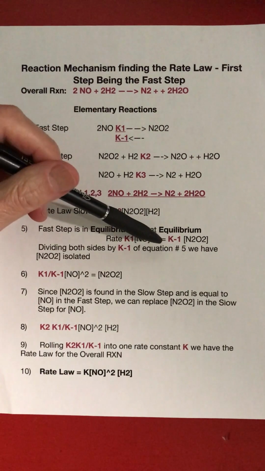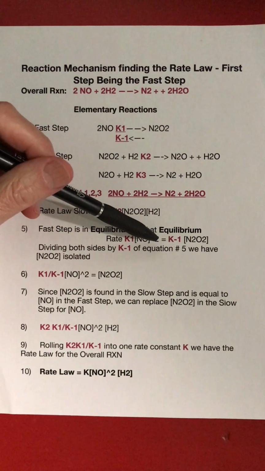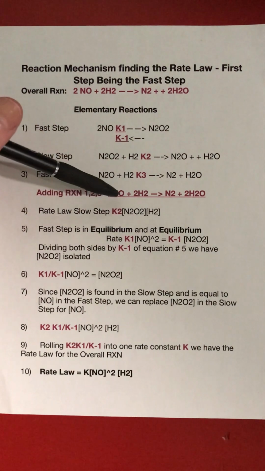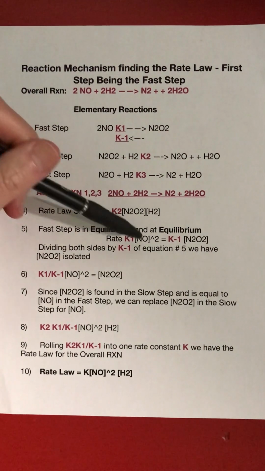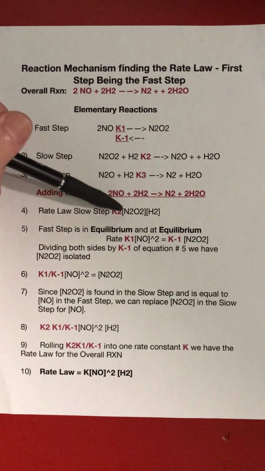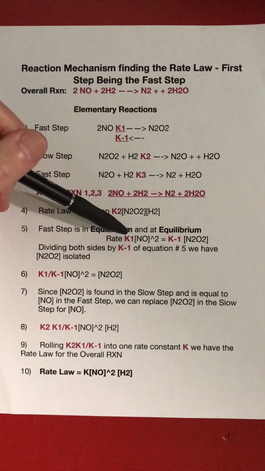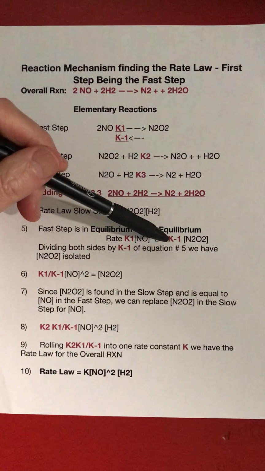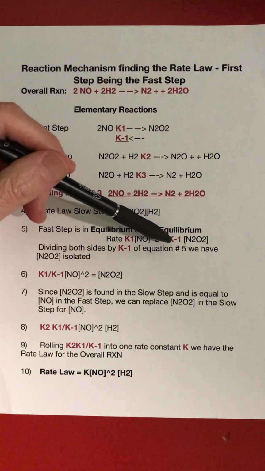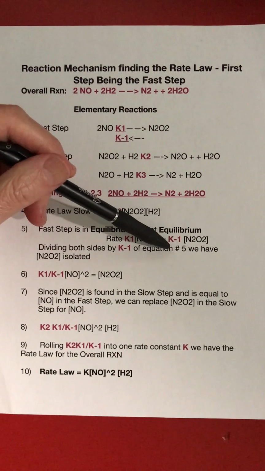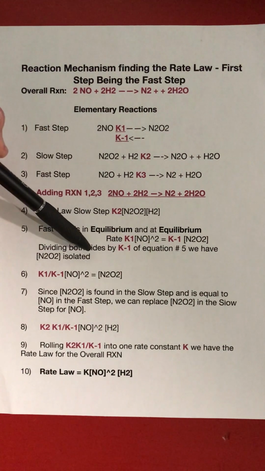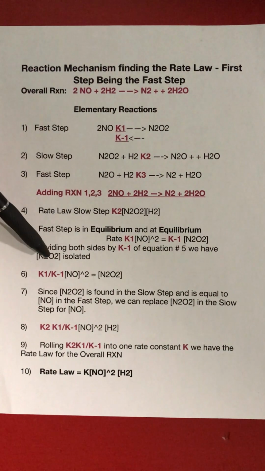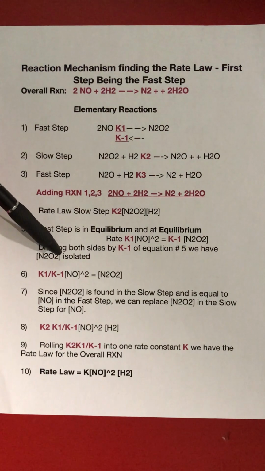So we can now, with a little bit of maneuvering, replace N2O2 with NO. So what we need to do is get rid of the rate constant, K minus 1, and we do that by dividing both sides by K minus 1, here and here. And we now have N2O2 completely isolated.